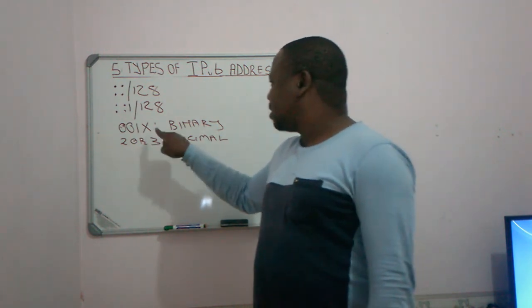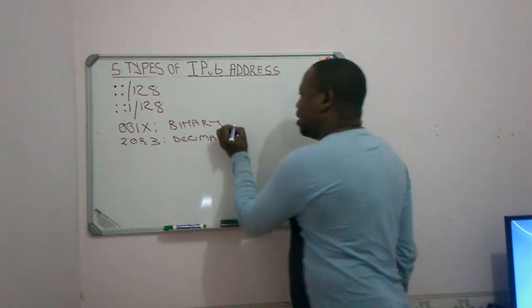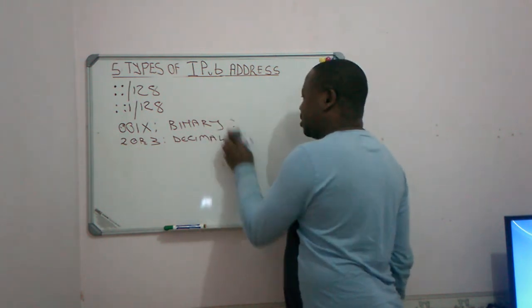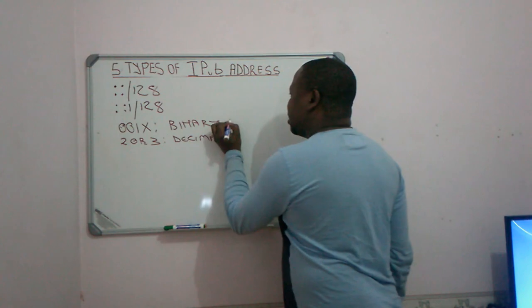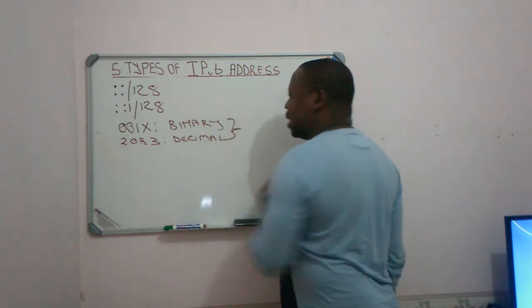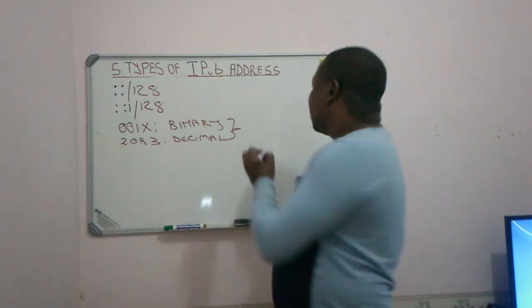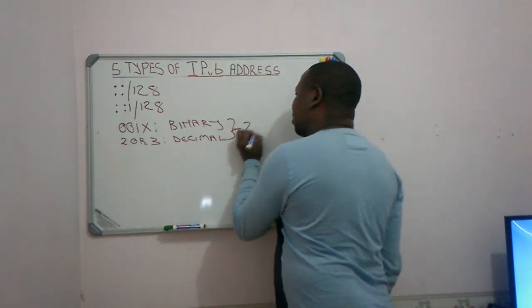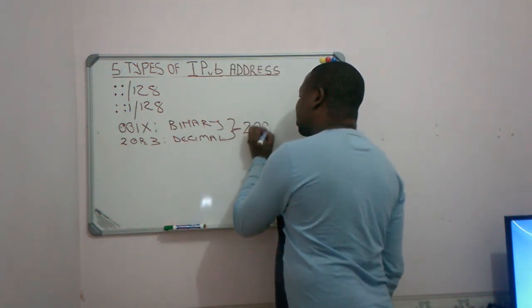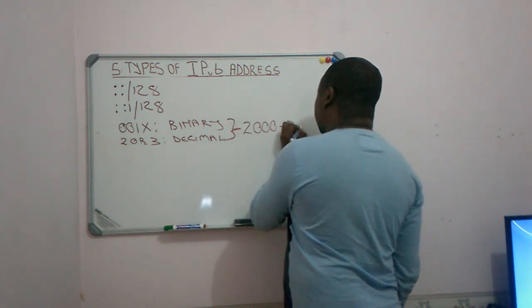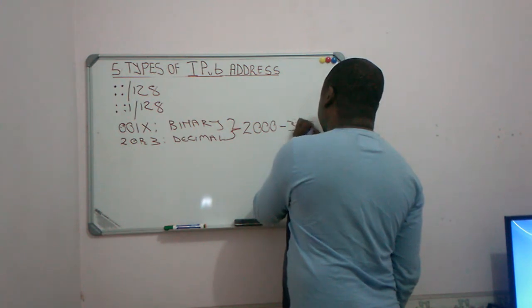So in most cases, you will see our global IP address represented from 2000 to 3FFF.